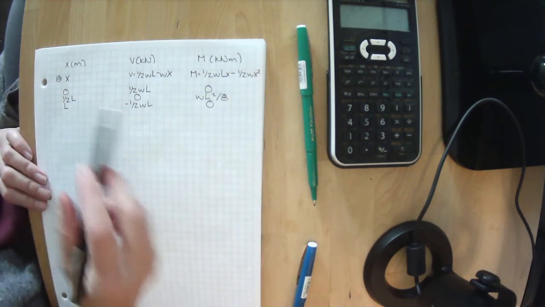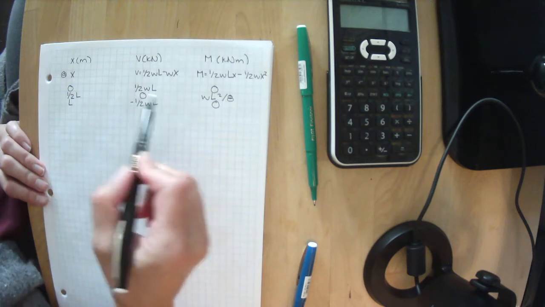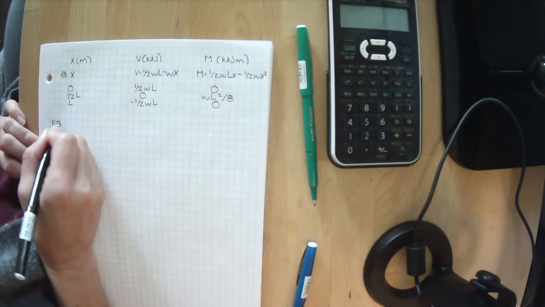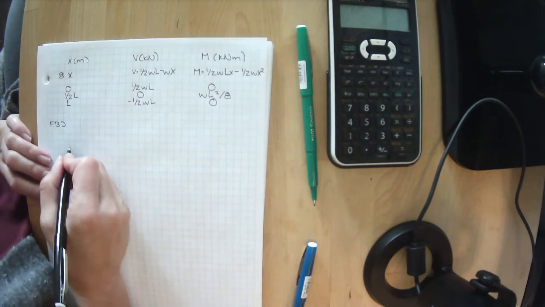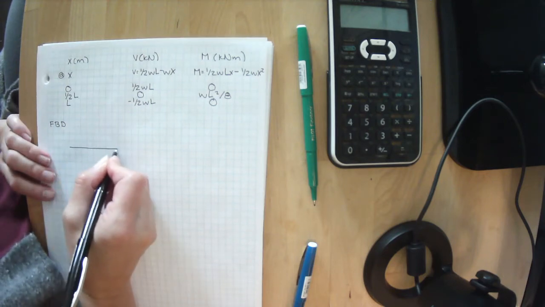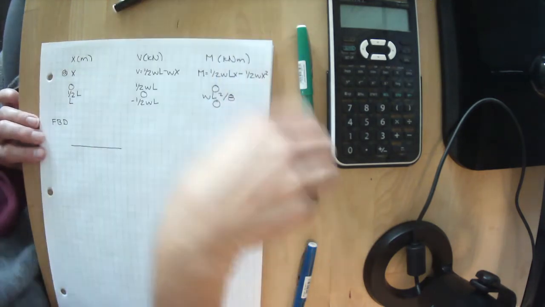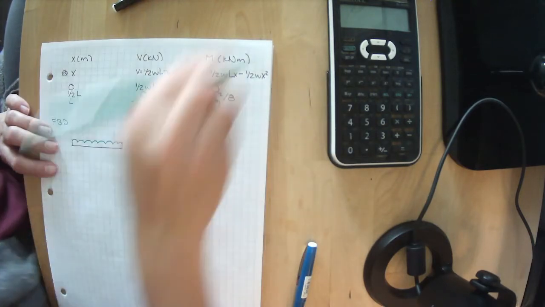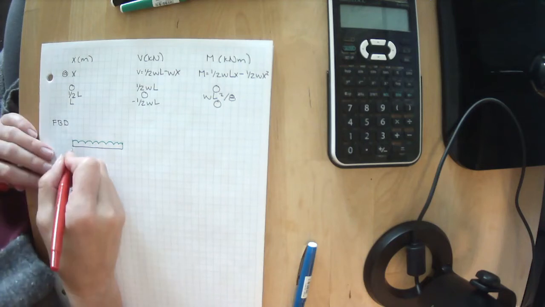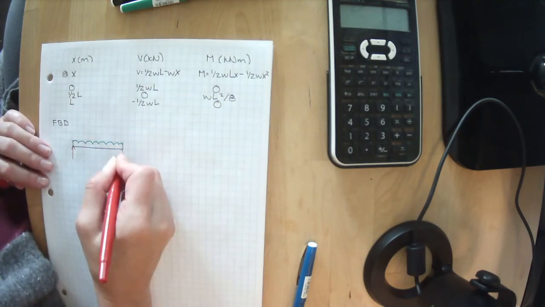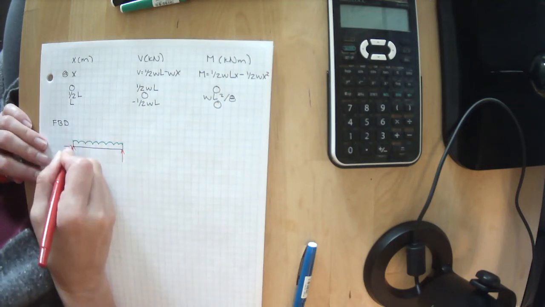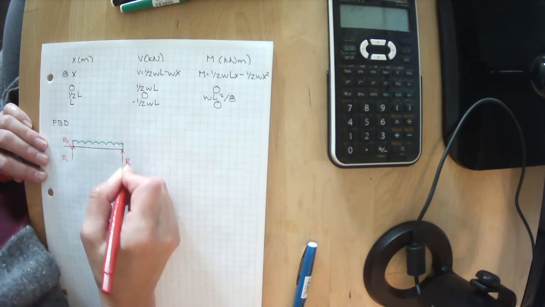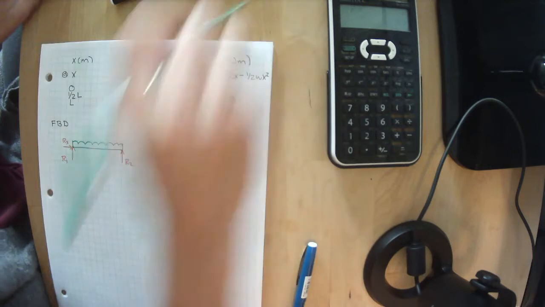Now, you could go through and do it by plugging in more points on this, but I'm going to show you what this looks like. So, free body diagram. We had our uniformly distributed load going along. Rx, R1, R2.